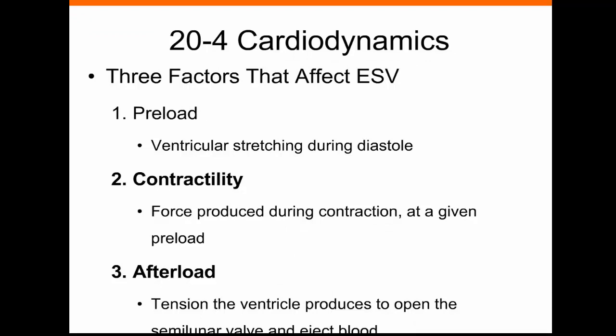You've got the preload, which is the ventricular stretching during diastole, the contractility, or the force produced by the contraction. If you've got a sick old heart, then that's not going to be able to contract as much as a fit young heart. And then you've also got afterload, the tension the ventricles produce to open the semilunar valve and eject the blood.